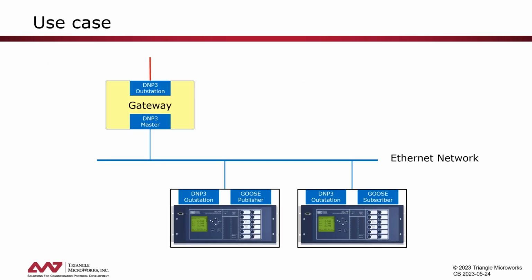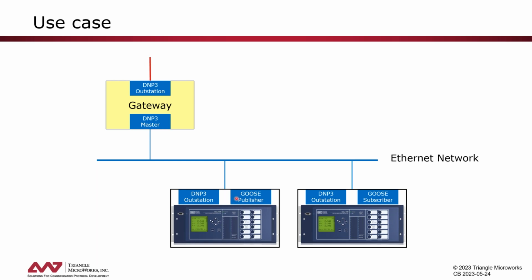So the use case looks like it is shown here. We have our relays in the system. The relays have a DNP3 communication as an outstation to our gateway. The gateway has on one side DNP3 for the local substation, our Ethernet, and we also talk DNP3 towards the control center.